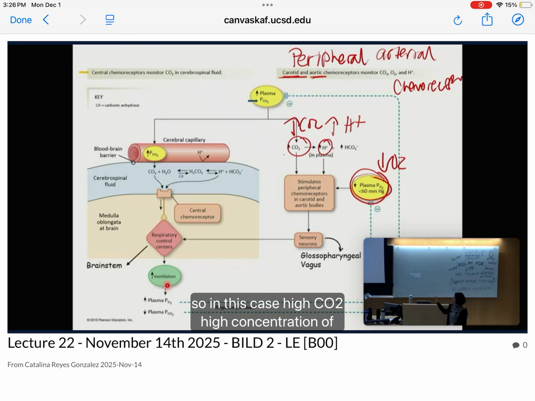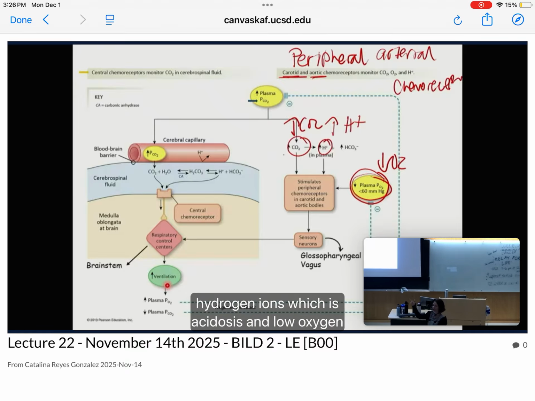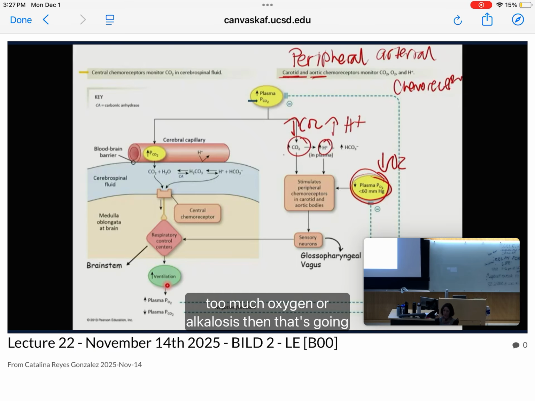So in this case, high CO2, high concentration of hydrogen ions, which is acidosis, and low oxygen are going to cause an increase in ventilation. The opposite will cause a decrease. So if I have too little CO2, too much oxygen, or alkalosis, then that's going to inhibit ventilation. Does that make sense?